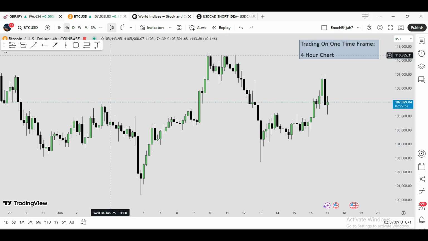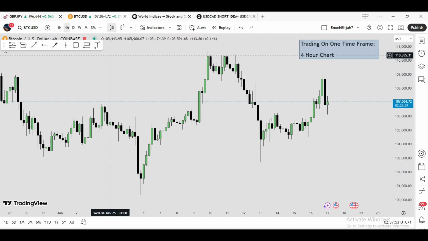For you to maintain that quality of trade and that good win rate, use the 4-hour time frame or the daily time frame. So how do you do this? Basically, it's very simple. Follow the same entry model I taught you on break and retest. So actually, we are using the break and retest entry model for this particular model.